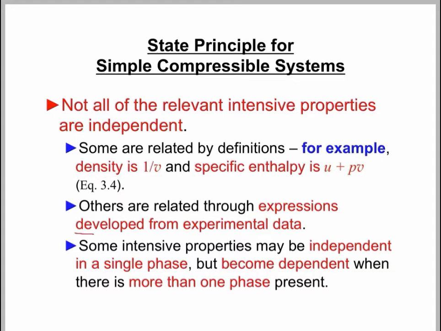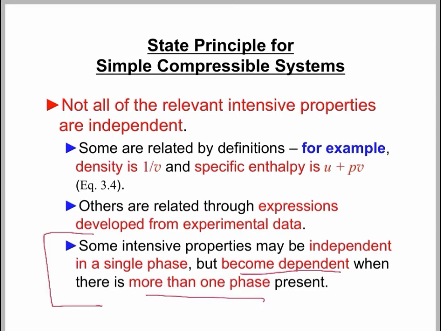Some intensive properties can be independent in a single phase, but they become dependent when there's more than one phase. An example of this would be temperature and pressure. When I am at atmospheric pressure and I start to boil, my temperature remains constant.